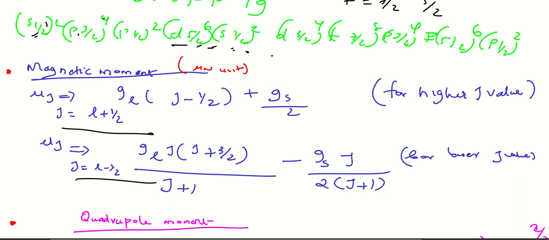Okay. So, you can study these by comparing them. So, for L plus half, GL into J minus half plus GS by 2.